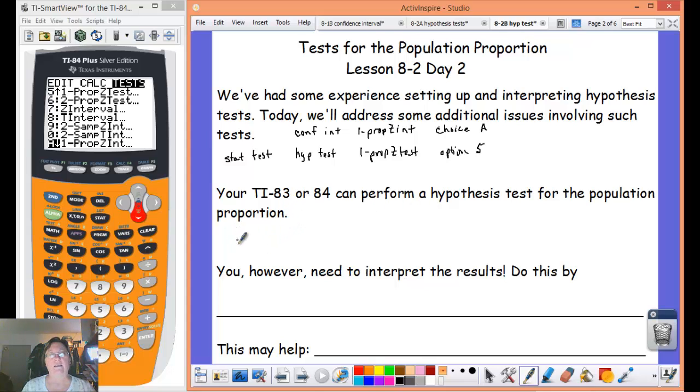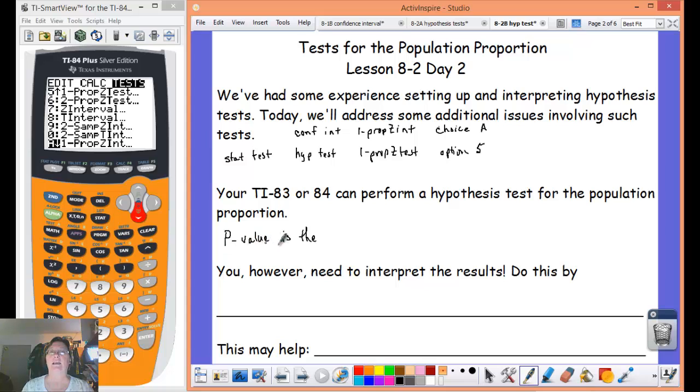And to do that, folks, we're going to remind you about the p-value. Okay? The p-value is the probability that another statistic would be as extreme as yours, as we said yesterday, and that is true.